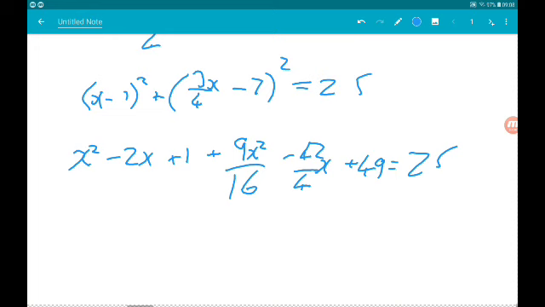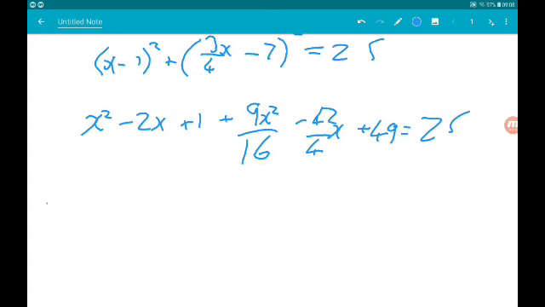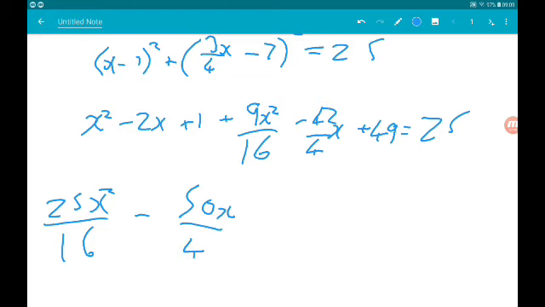Okay, so we have 1x² + 9/16 x², which is 25x²/16. We have -2x - 42/4 x; 2x is 8/4 x, so we get -8/4 x - 42/4 x, which is -50/4 x.